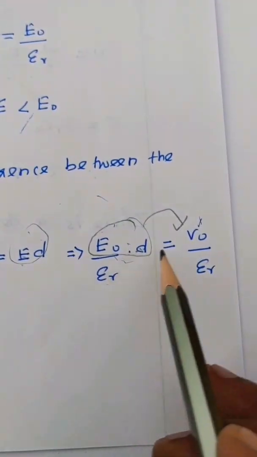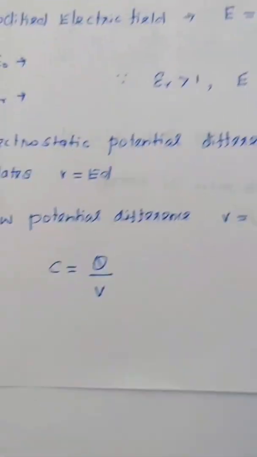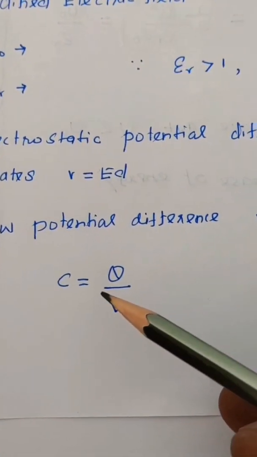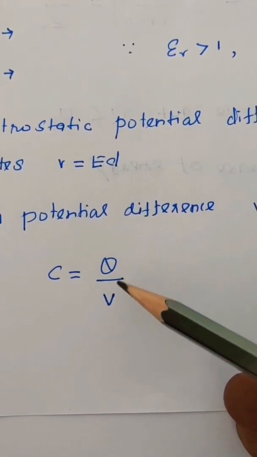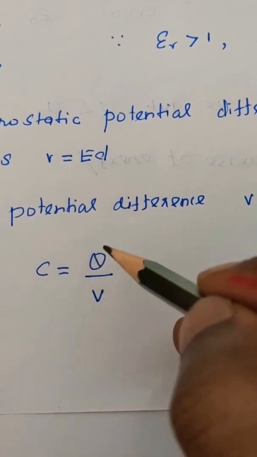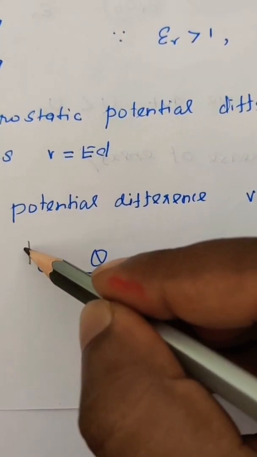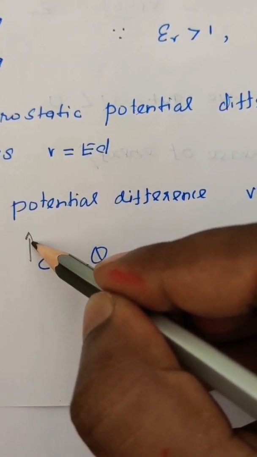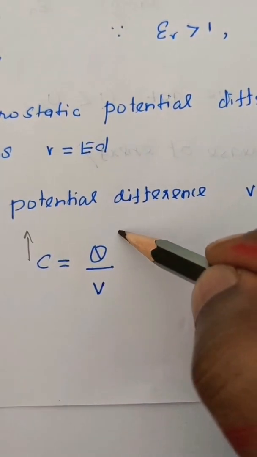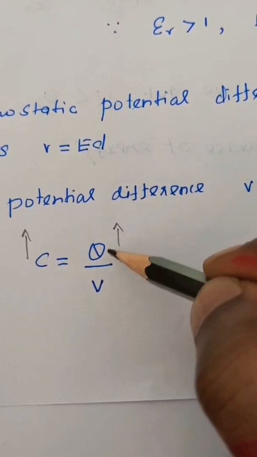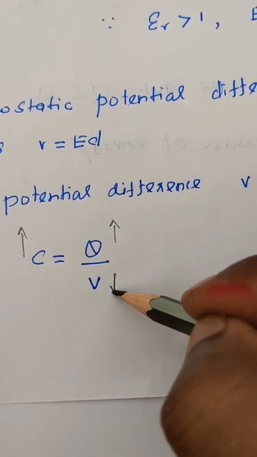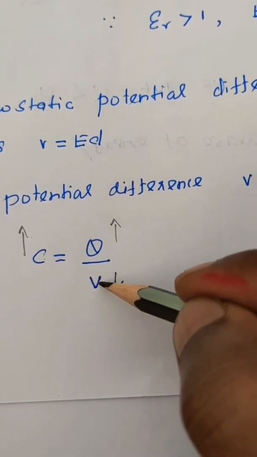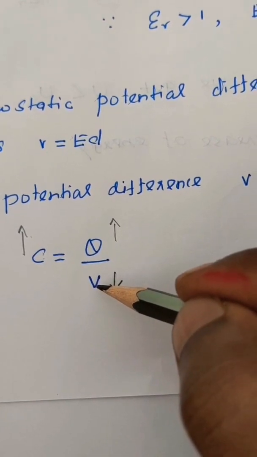So V equal to V naught by epsilon r. We already know the capacitance of a parallel plate capacitor C equal to Q by V. The capacitance increases, and the potential difference V decreases because C is inversely proportional to V.